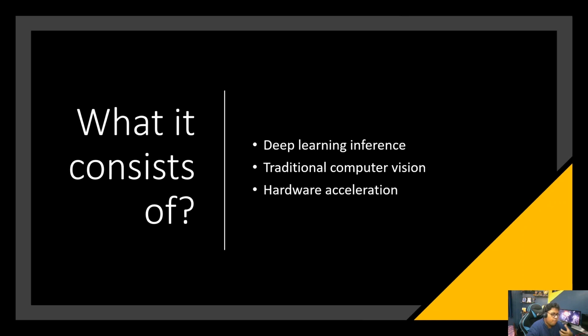So basically, OpenVINO is just a bundle of several tools optimized for Intel platforms. These include inferencing tools for deep learning neural nets. We have tools for computer vision, which include Intel optimized OpenCV and Intel optimized Python. And then finally, we have the hardware acceleration on Intel architecture that is implemented by the IR engine using OpenVINO.